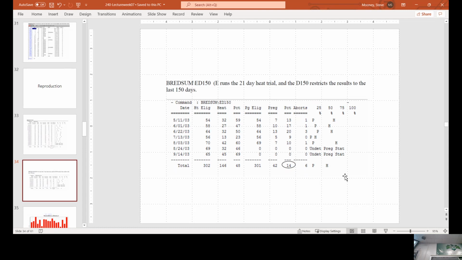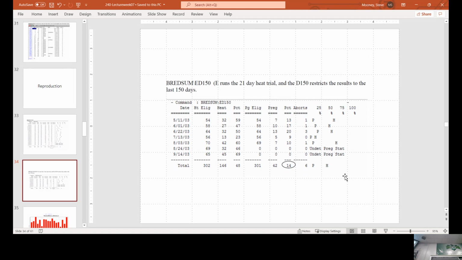We add some things that I hadn't seen before to our breed sum. We've got our E in there to give us our 21-day periods instead of doing technician or day of the week or anything like that. E runs a 21-day heat trial.